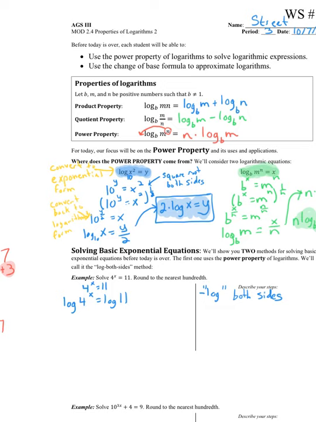And after I take a log of both sides, I have this x power here that needs to drop out front. So the next thing I'm going to do is apply the power property.